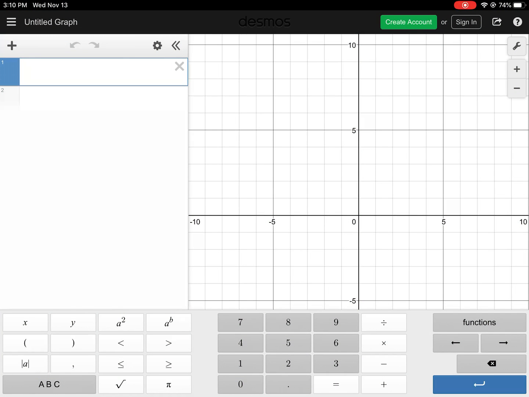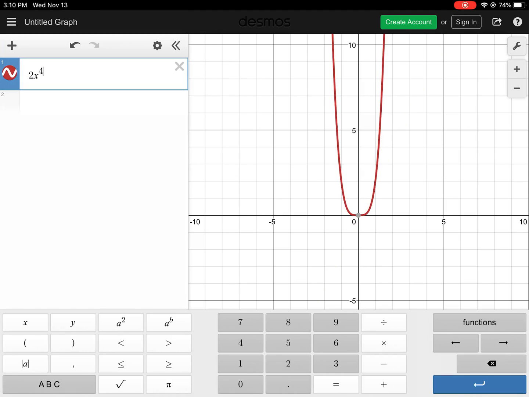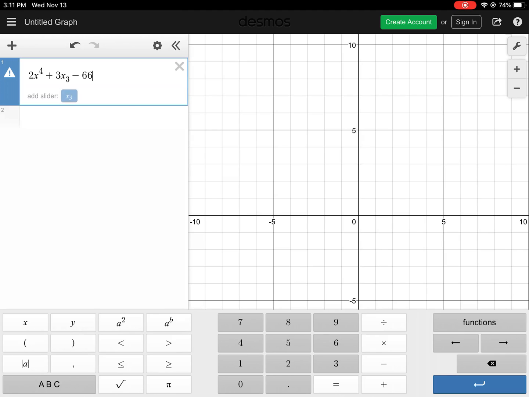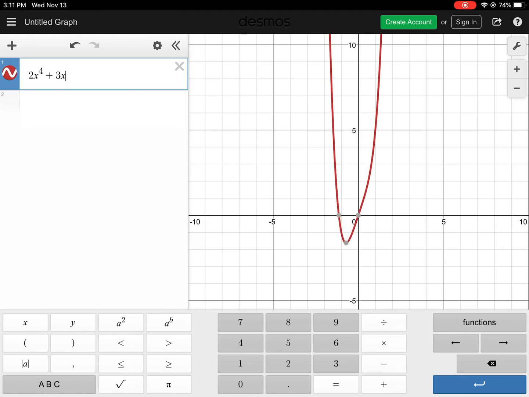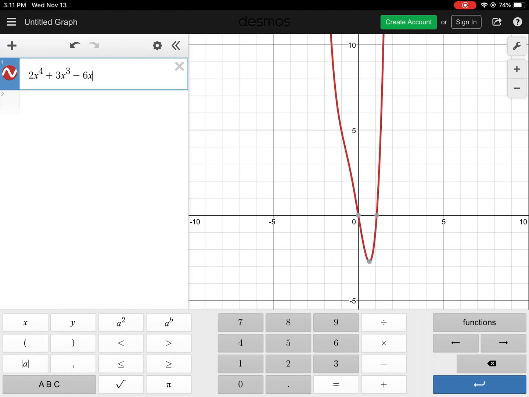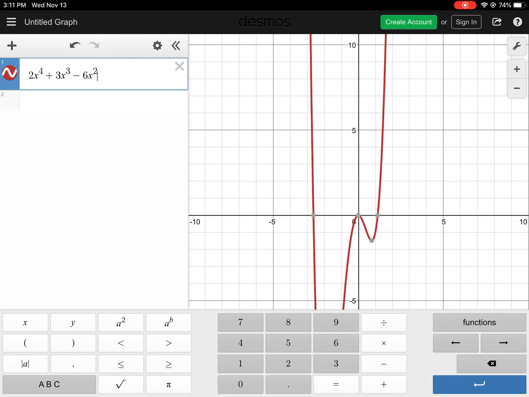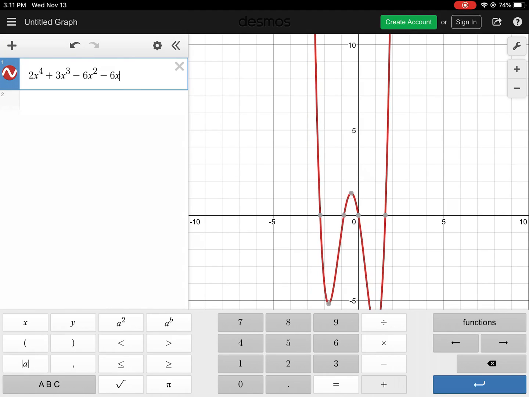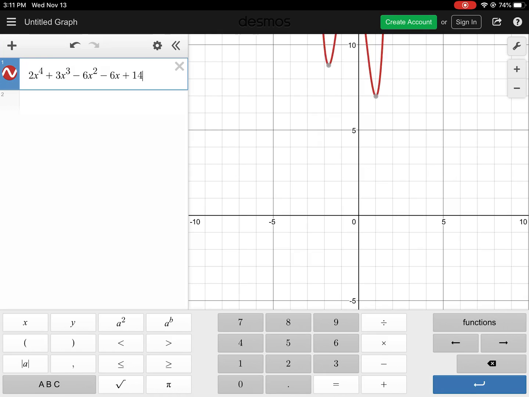Okay, and go 2x to the 4th plus 3x to the 3rd minus 6, oops, I don't want a subscript there, I want a superscript, x to the 3rd, okay, minus 6x squared minus 6x plus 4.